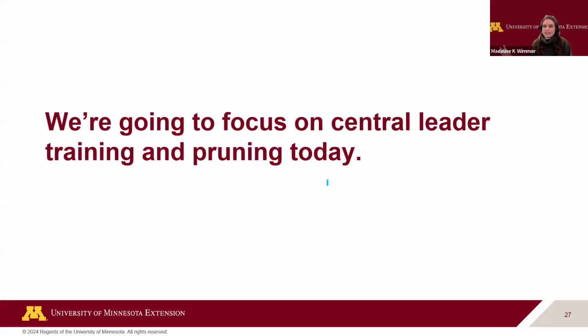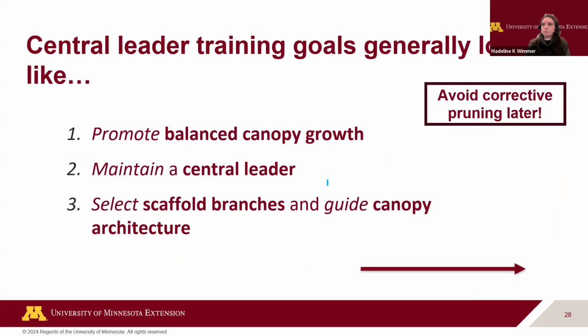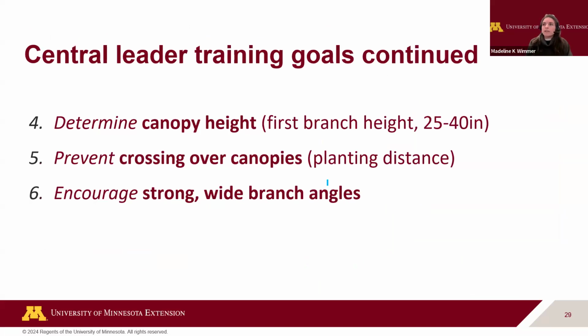So today, as I mentioned, we're going to focus on central leader training and pruning. What are our goals when we're trying to train a central leader tree? We want to promote a balanced canopy for that young growing tree. We're going to be maintaining the central leader. And then we're going to select those main scaffold branches and guide the canopy architecture year by year.